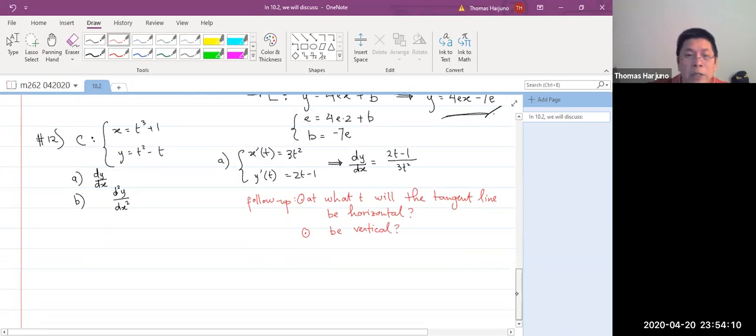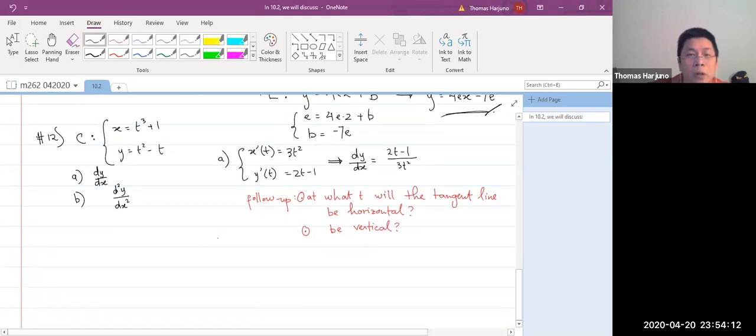Okay, now as you can see, horizontal tangent line is when the slope is equal to 0, right? Basically, in other words, that's when dy/dx equals 0.